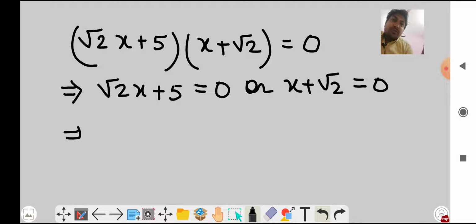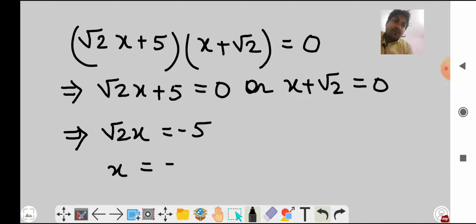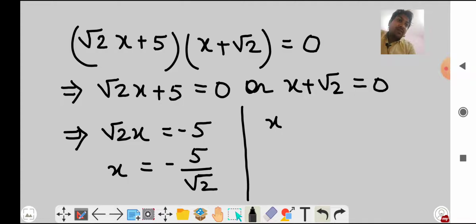So you just simplify it. So root 2x equals to minus 5, or you can say x equal to minus 5 upon root 2. Here you can say x equal to minus root 2, right?